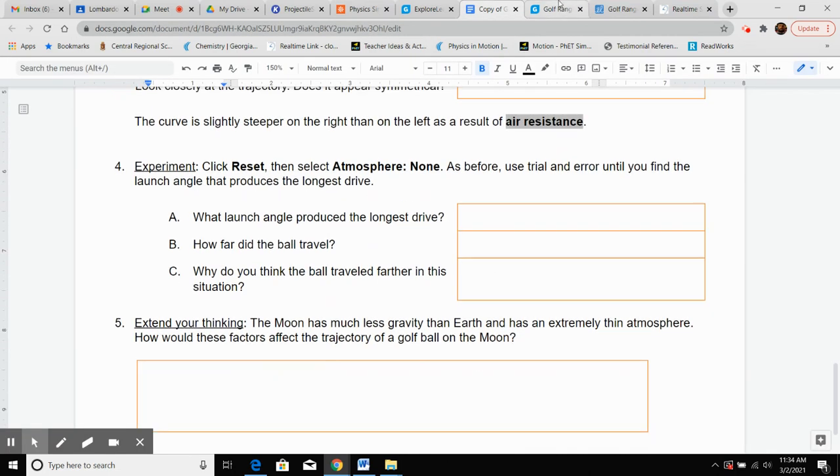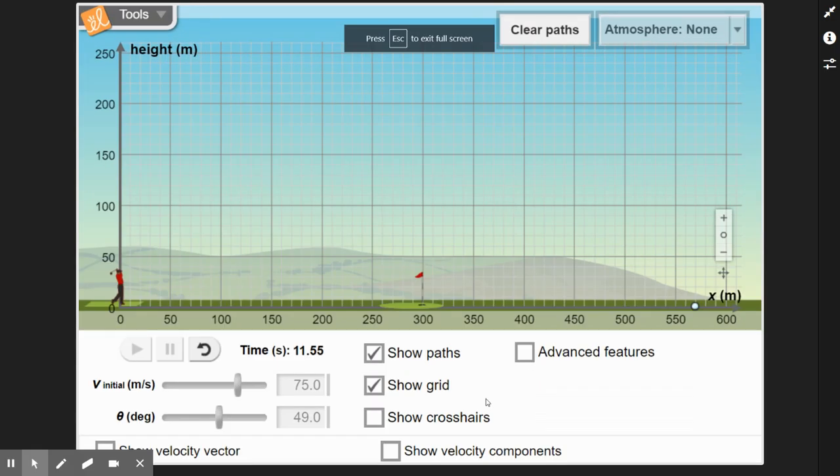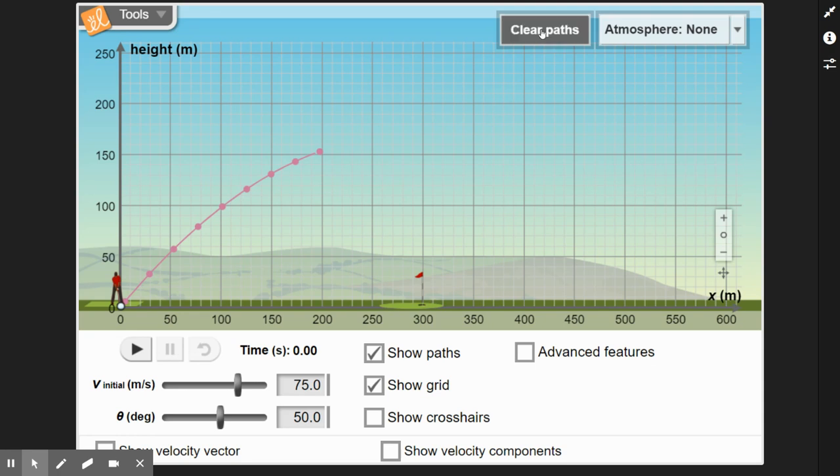How far did this thing travel? Oh, crap. Zoomed out too quick. So let's go 45 or 50. Oh, wait. I don't want 50. I want 45, it's the farthest.